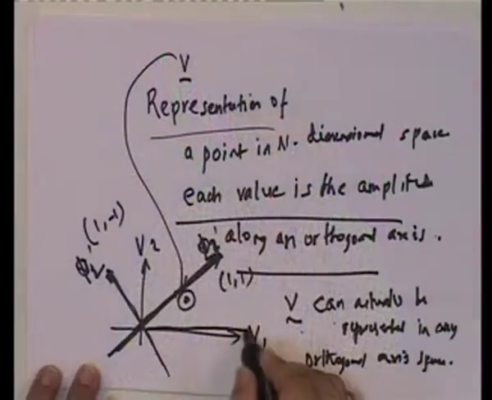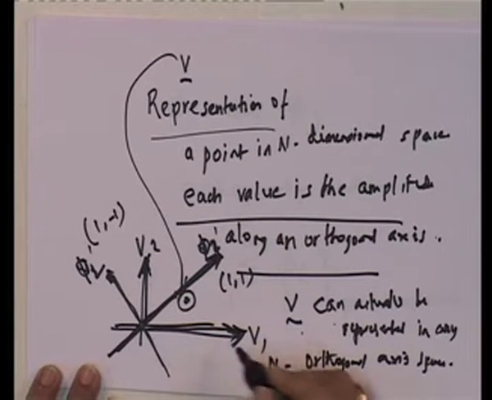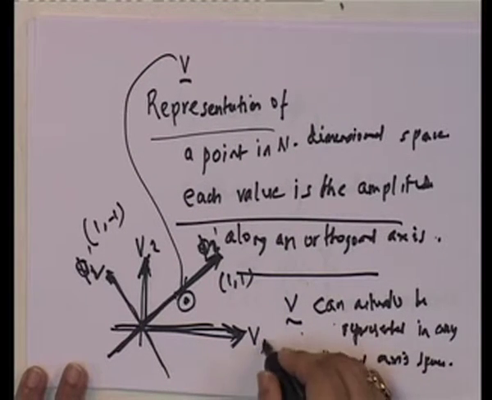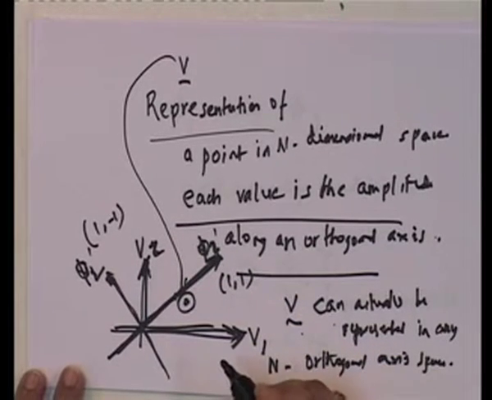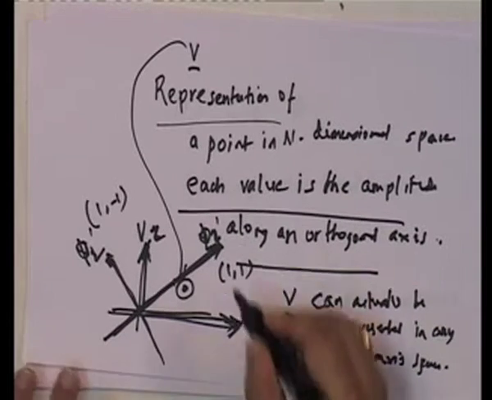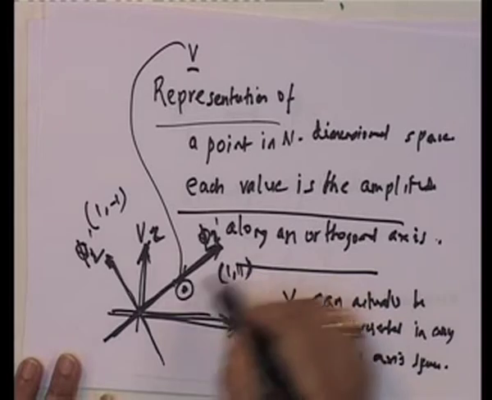Now, when we defined that by V 1 and V 2, we got phi 1 as 1 1 and phi 2 as 1 minus 1. So, you see, this is the original space for representing V 1 and V 2, which are basically V x and V theta, and I can also represent them in this axis, which is 1 1 and 1 minus 1.